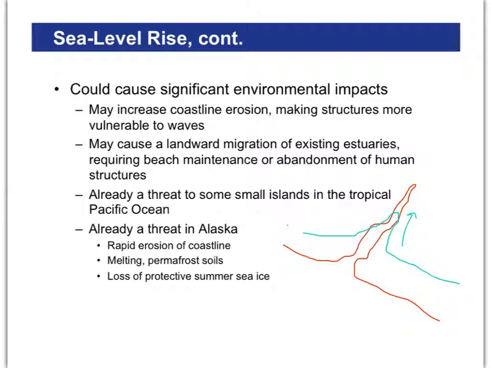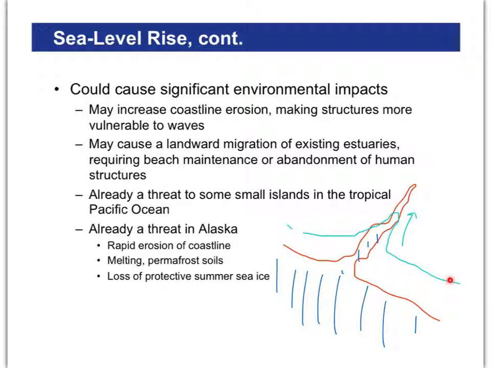By the way, I should have drawn this a little bit better. Here's the ocean. Here's the water out here. And the other one is the land. So as the sea level moves up onto the land, those estuaries get forced back up onto the land as well.